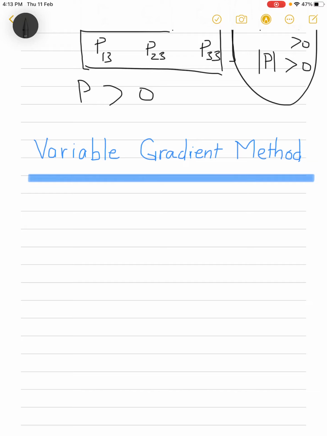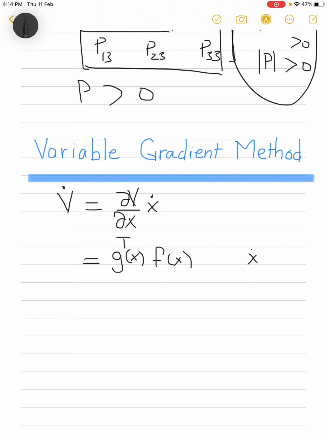So as we know, v dot, which is the derivative of the candidate Lyapunov function v, is the partial derivative of v with respect to x times x dot, and partial v partial x is actually the gradient of the scalar function v. So I'm going to represent it by a row vector g transpose of x times f of x, since we know that x dot is equal to f of x.